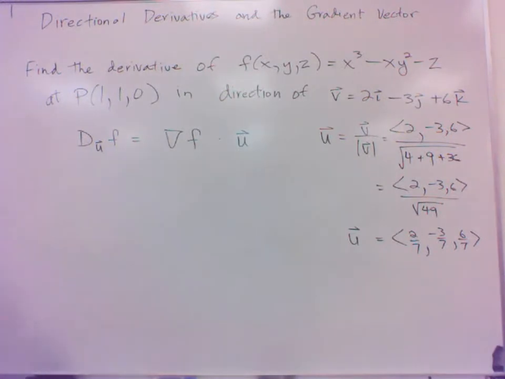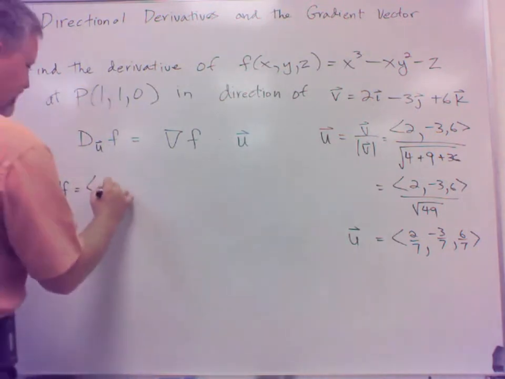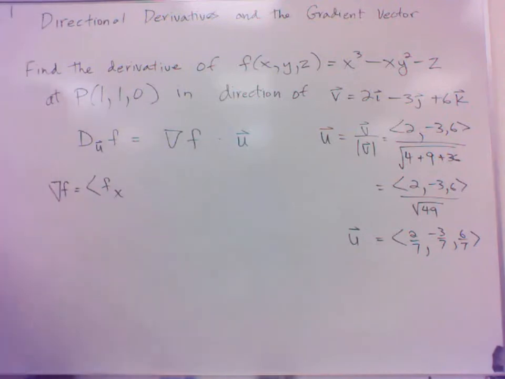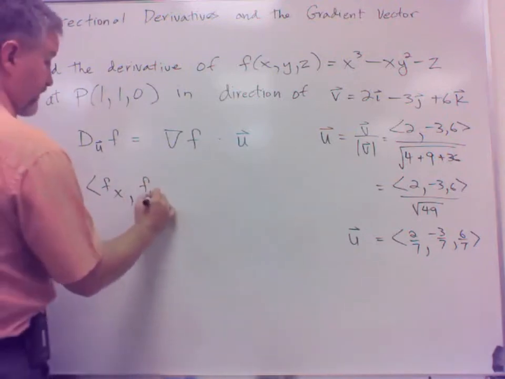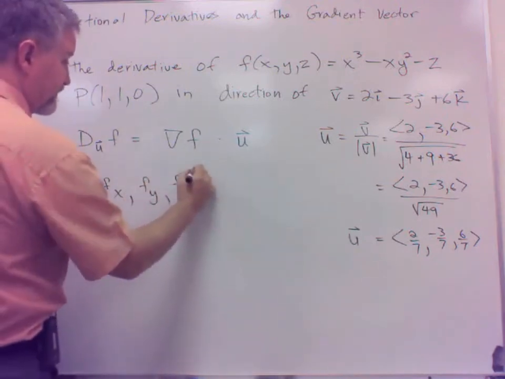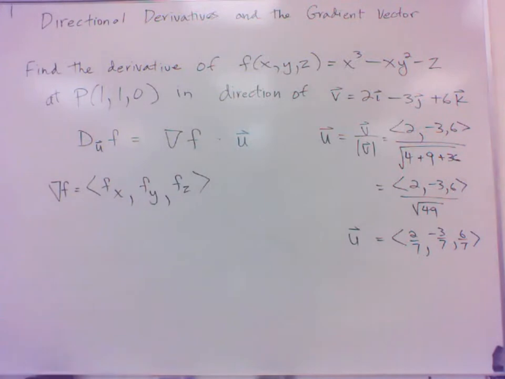Now, what do you think about the gradient here? Well, since I'm in 3 variables, the gradient is just going to be the vector of partial derivatives: the partial derivative of f with respect to x, with respect to y, and with respect to z. I'm just adding one more component.